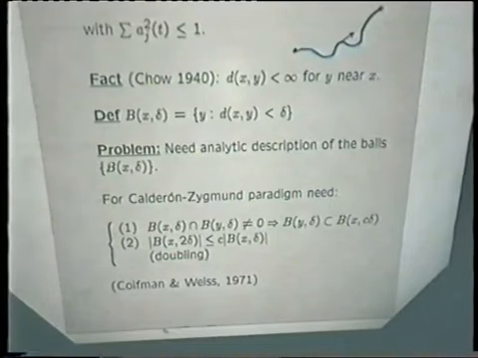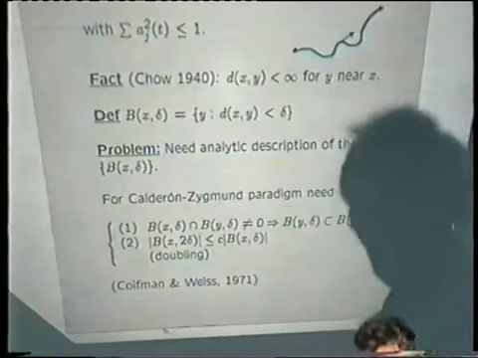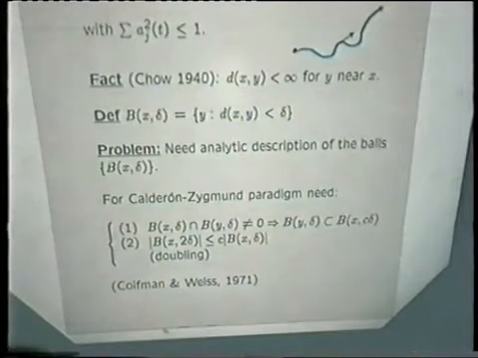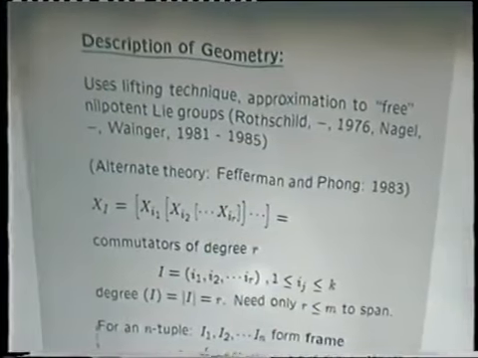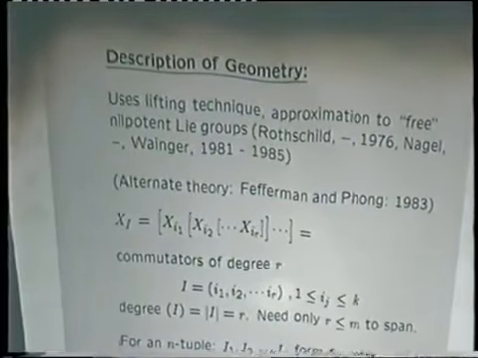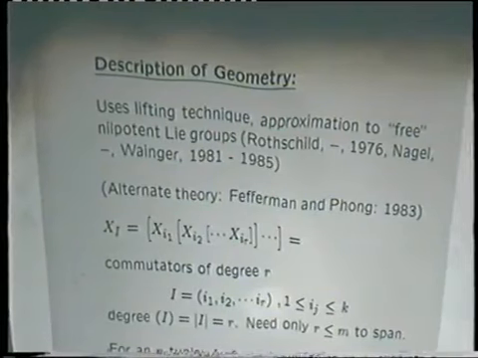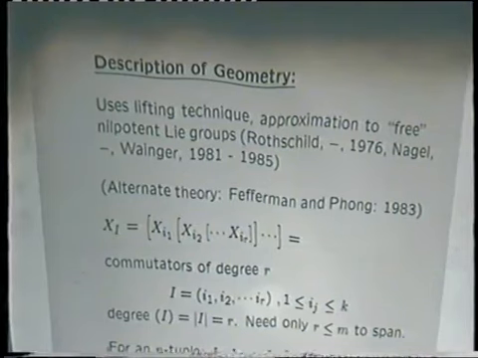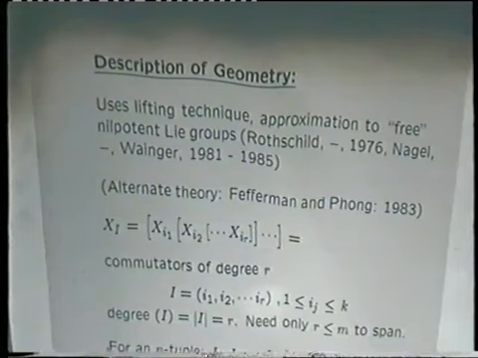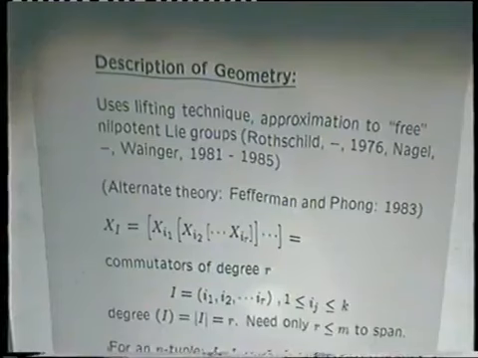Now I want to describe the geometry a little bit. So maybe I describe it over here. I want to describe how one gets to this geometry, and one of the ways of getting to it is to model this geometry on certain free nilpotent Lie groups, worked out by various people, and various alternate ways of doing things which are related.